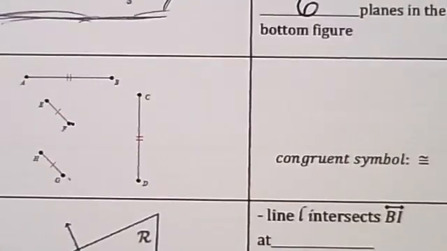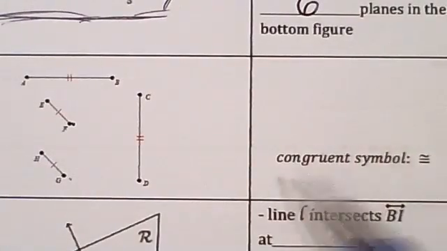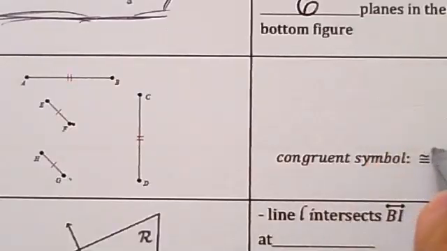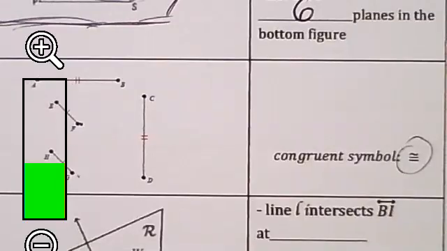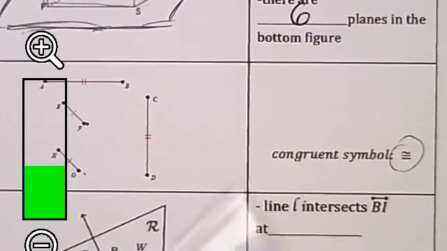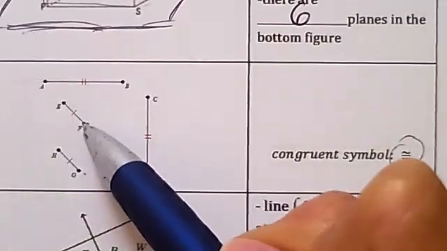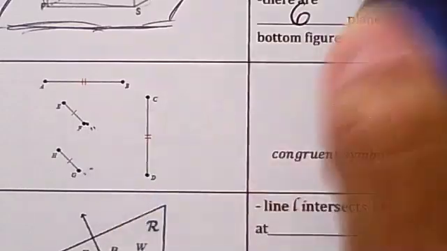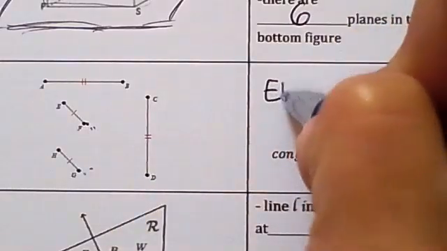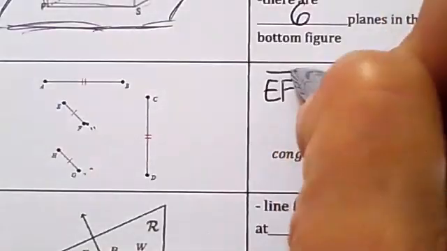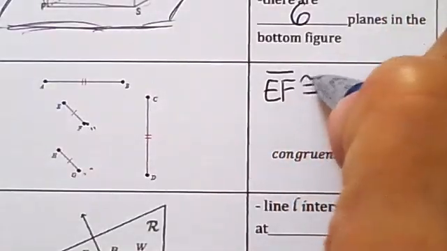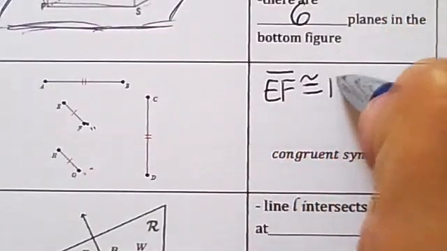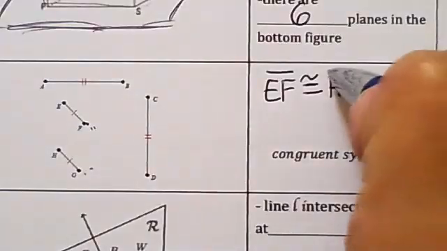And then there's something called a congruent statement where we're going to write it out with symbols. This is the symbol for congruent, is congruent to. It's an equal sign with like a little squiggle on the top. So if I wanted to write a statement saying that these two are congruent, it would be like this. Segment EF, so capital E, capital F with the bar on top, is congruent to segment HG, capital H, capital G with the bar on top.